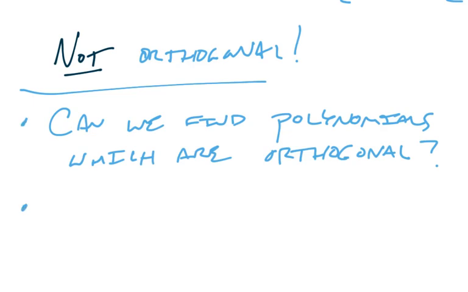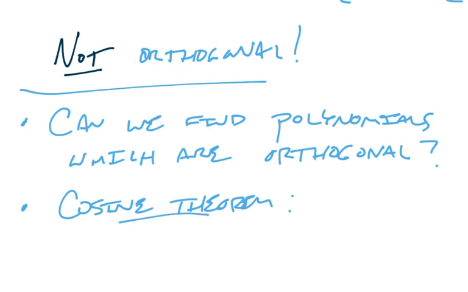Remember that we had what I called the cosine theorem, which stated loosely that u dot v in Rn is equal to the magnitude of u, magnitude of v, times the cosine of the angle between them.